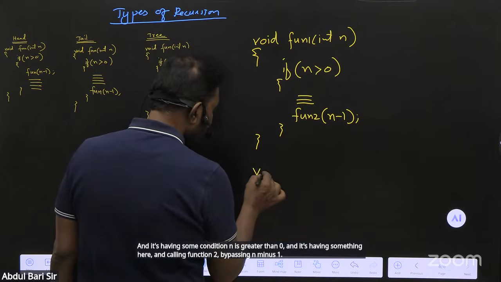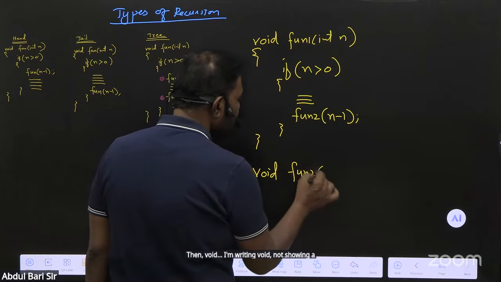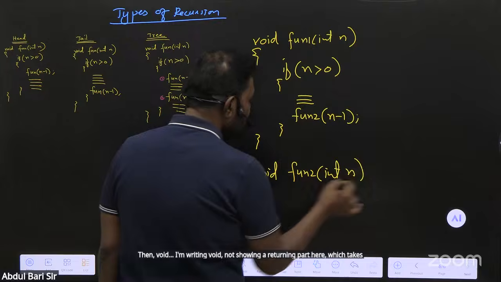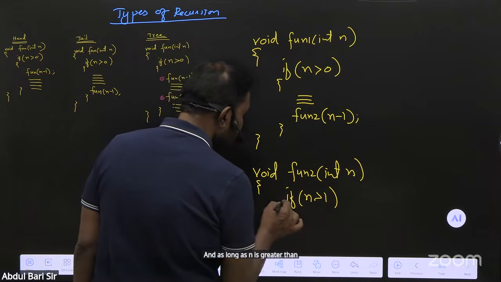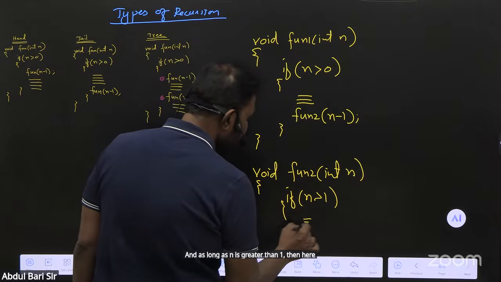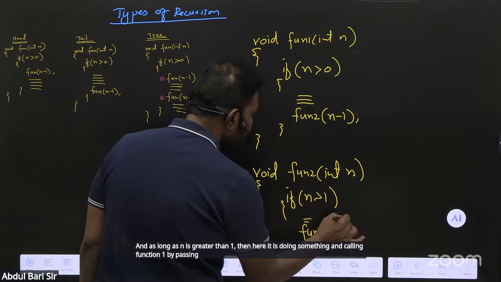Then void, I'm not showing the return part here, which takes parameter n, and as long as n is greater than 1, it is doing something and calling function 1 by passing n by 2.